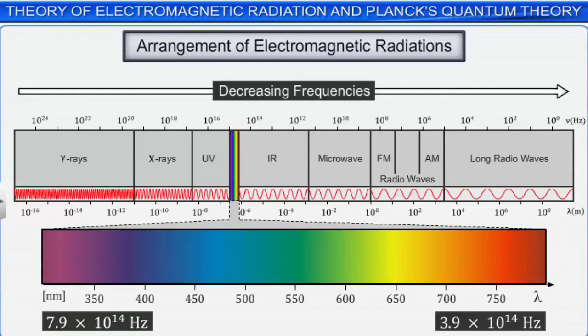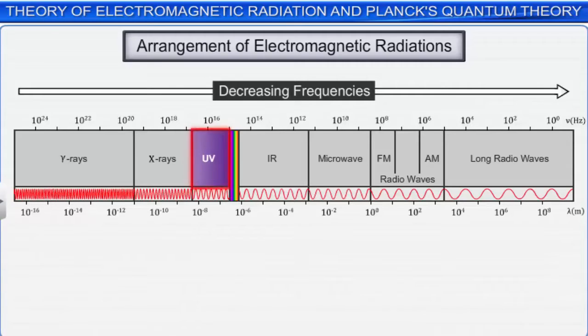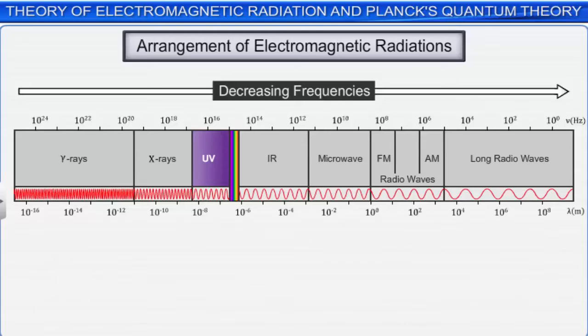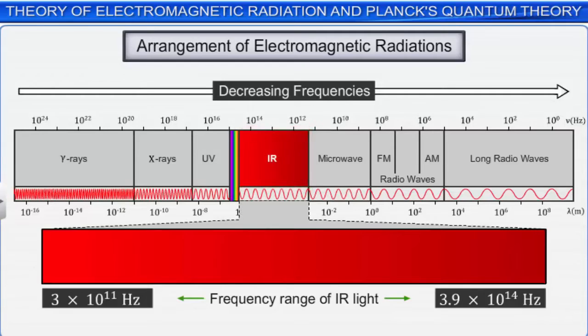The region above the violet color is called the ultraviolet region and has a frequency equal to 7.9 into 10 to the power 14 to 3.4 into 10 to the power 16 hertz. The region below the red color is called the infrared region, and the frequency of the wave of this region is 3 into 10 to the power 11 to 3.9 into 10 to the power 14.